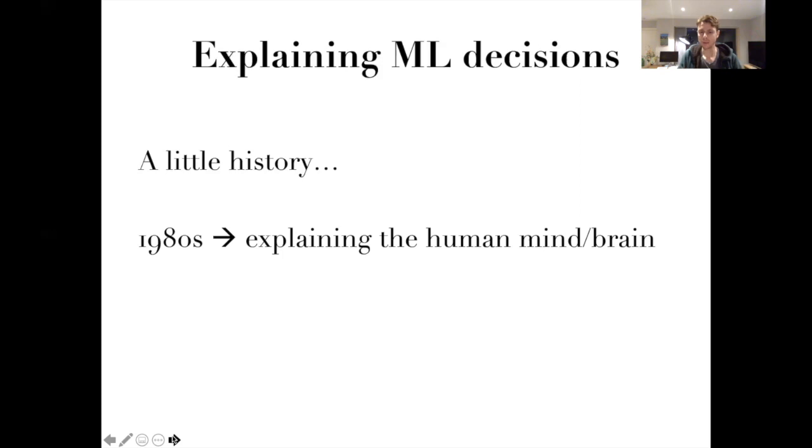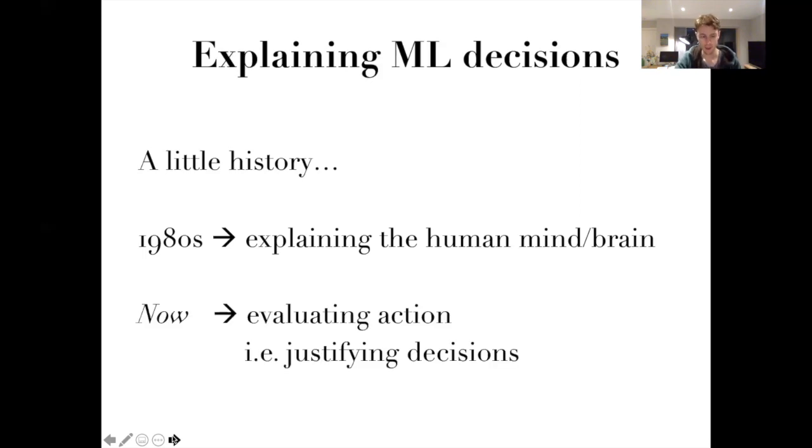Suddenly, you're no longer, as you were in the 1980s, trying to explain the system in the hope of illuminating deep properties of the human mind. Instead, you're explaining the system with a view to evaluating action, justifying decisions to those people that are affected by them.